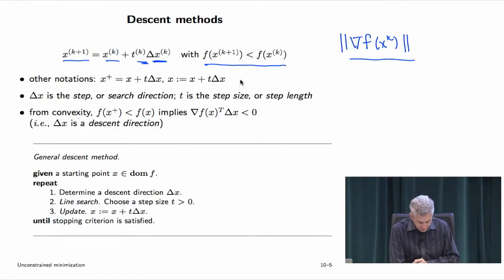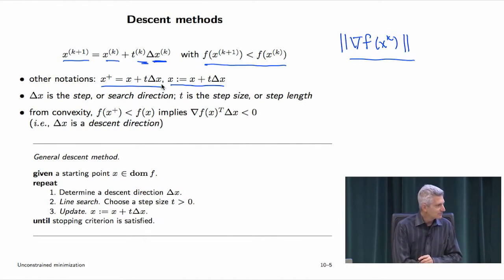Okay. Now, this is written with lots of other notations. Something like this is some kind of pseudocode assignment. Or it might be written this way to make lighter notation, if you don't want k's and k plus 1's floating all over the place. x is the current point, and x plus is reasonably standard notation for the next iterate, right?